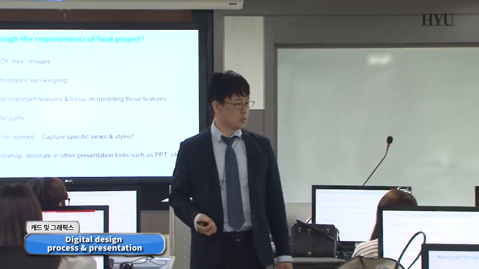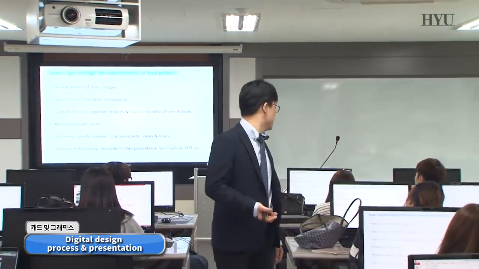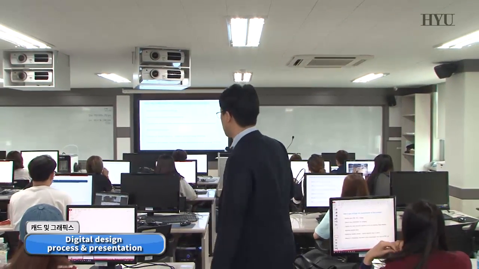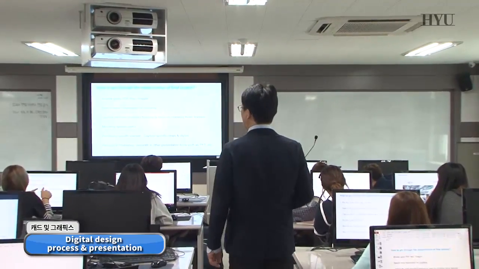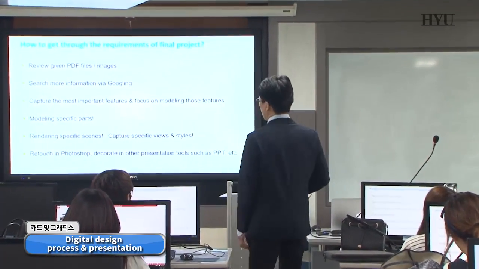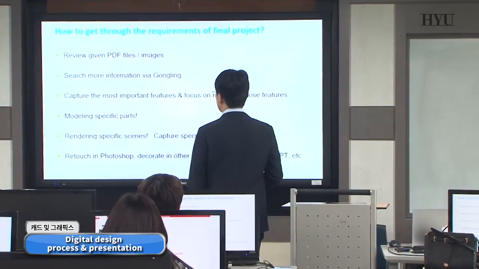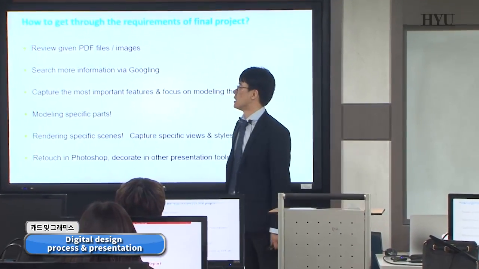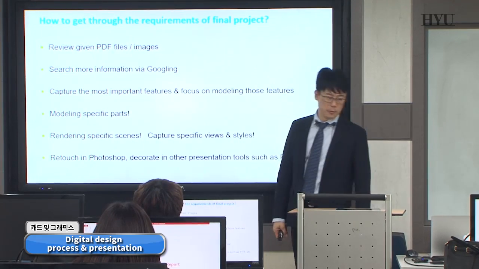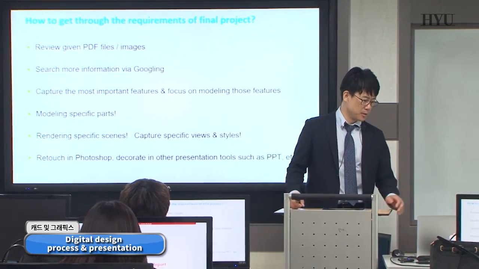Thankfully, you know the designer's name and the physical site. You know how to survey, how to make some research on existing design. That's why I put this phrase, search more information using Google, okay?